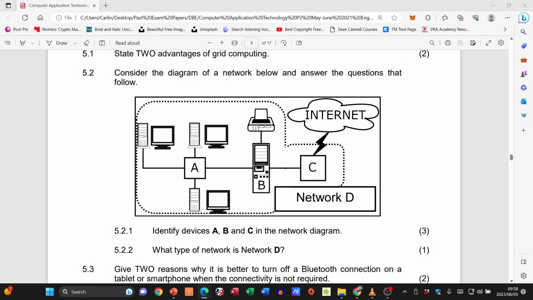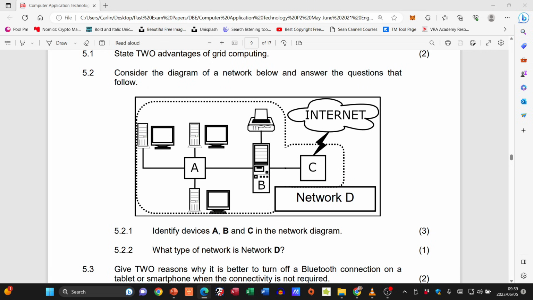What then would be B? Okay, what would that be? This massive computer, you can see it's a lot bigger than my normal computer, but it's linked to all of these. This is going to be my server. So if this is the server, and I've got a link to this device that links up to all the others, what hardware device do you think this is that's got cables linking up all these machines to it and then it to the server?